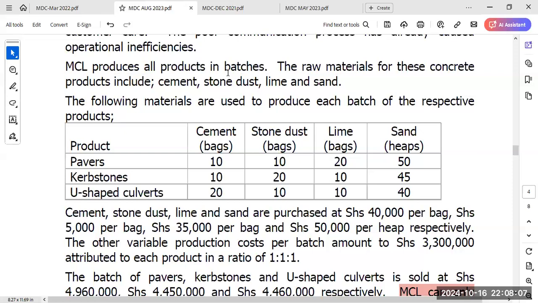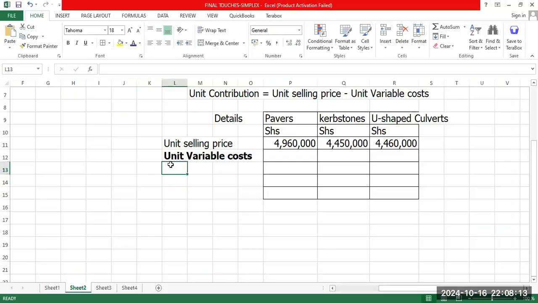The variable costs in the question are actually the raw materials. We have the cost of raw materials.